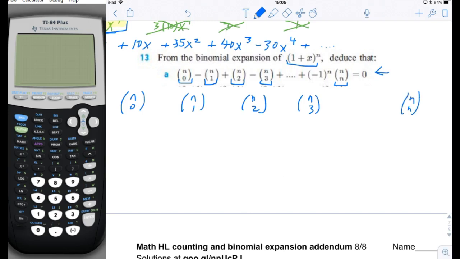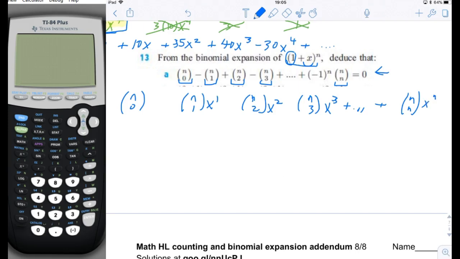And then the only other thing, since the a value is 1, the a value doesn't really affect the terms. The b value is x, so in the case of the first term, x to the 0 is just 1. The second term would be x to the first, the next x squared, then x cubed, and then the last term would be x to the n, right?